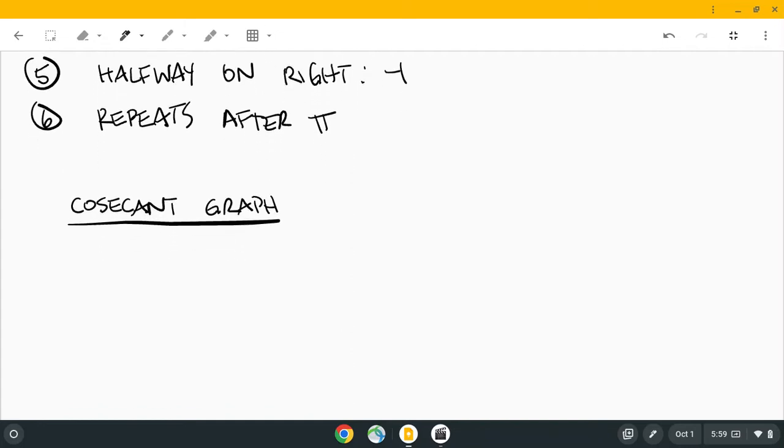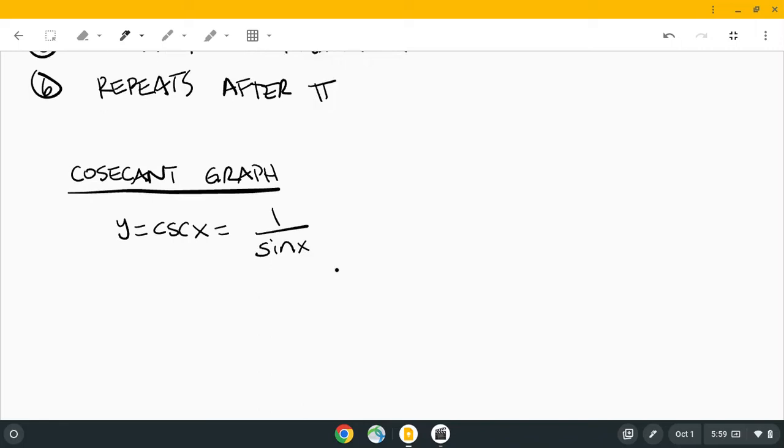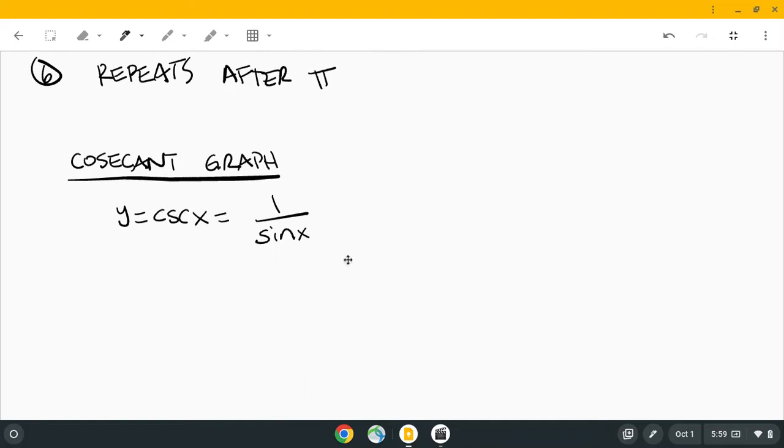All right, so here, y equals cosecant x. Let's recall that cosecant is just the reciprocal of sine. So here again, just like cotangent and tangent, we have a trig function in the denominator, so we're going to have vertical asymptotes where that denominator is 0.